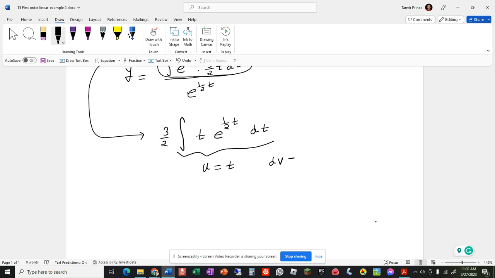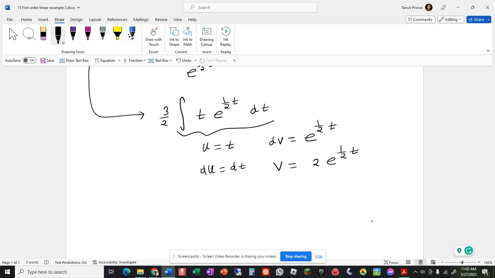So my du is 1 dt. v is the integral of e to the half t, which is 2 e to the power half t. Let's apply the formula. So don't forget this 3 over 2. I'll probably copy it, otherwise I'll forget.